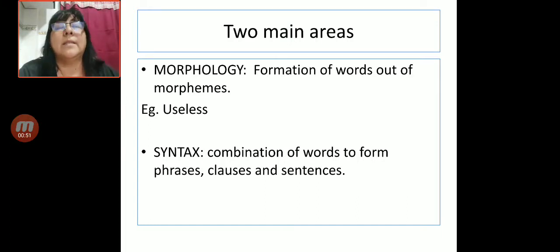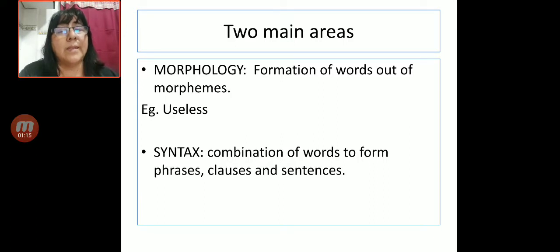Morphology, as the same word says, is the formation of words out of morphemes. For example, the word useless is made up of two morphemes, use and less.